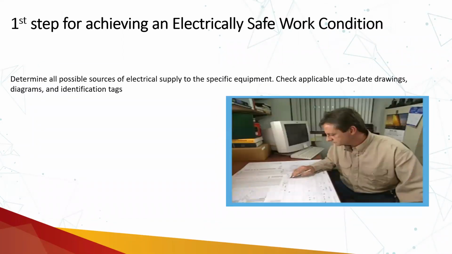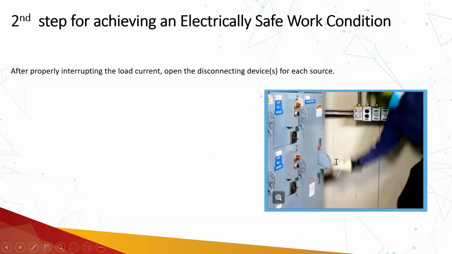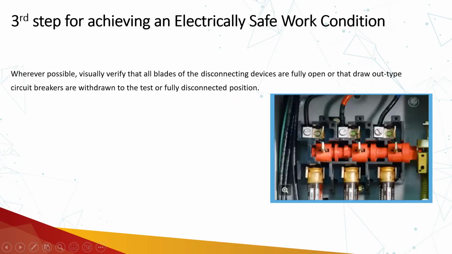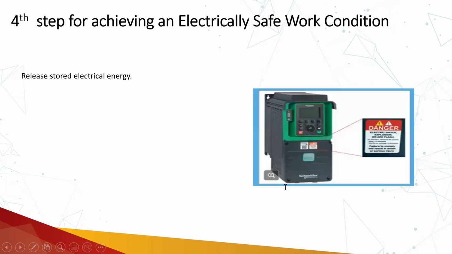So if we look into the steps, first step is determining all sources of possible energy from the single line diagram. Then properly interrupting the load current and opening the disconnecting means for each source. Then verifying whether the blades are open or not.